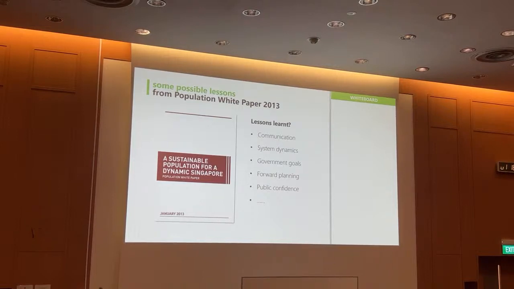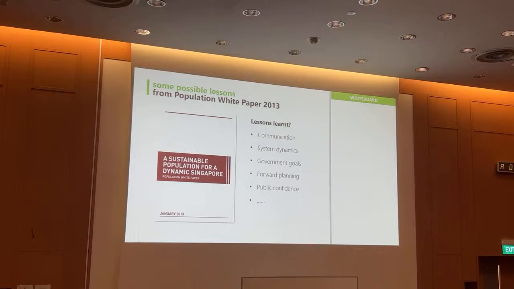Since we are at the topic of population, I cannot say nothing about the population white paper, so I'll just give a quick comment on this part. The population white paper launched in 2013 is something significant because this government document caused quite a lot of negative feedback at that time.